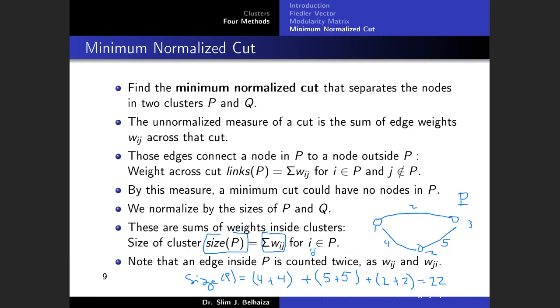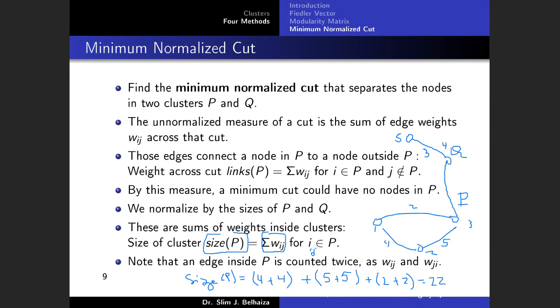So let us assume that there is another cluster here. Let's call it Q. Okay? And I have it just composed of 2 nodes. So I call them 1, 2, 3, and I'll call these 4 and 5. Okay? So this is 4 and this is 5. And the weight here, let's say it's 3. Okay?